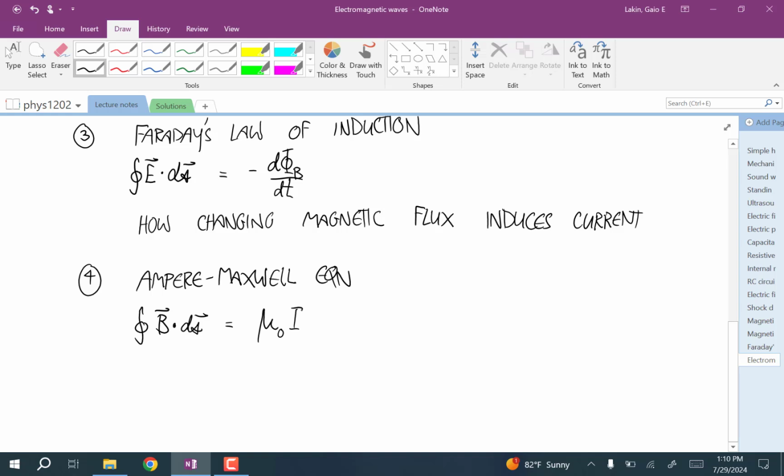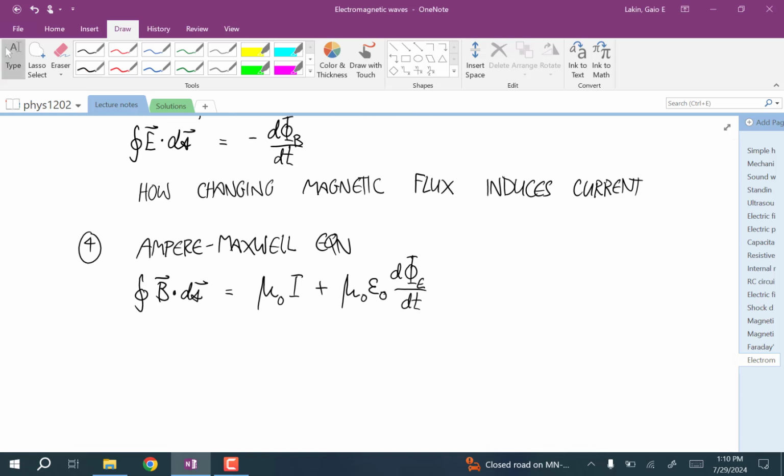Plus, the new thing that Maxwell realized is that this form, the way it was proposed by Ampere, would not work in the case of magnetic fields that are changing in time. If magnetic field vectors are changing in time, you can fix the problem by adding on this term, which is the derivative with respect to time of the electric flux.